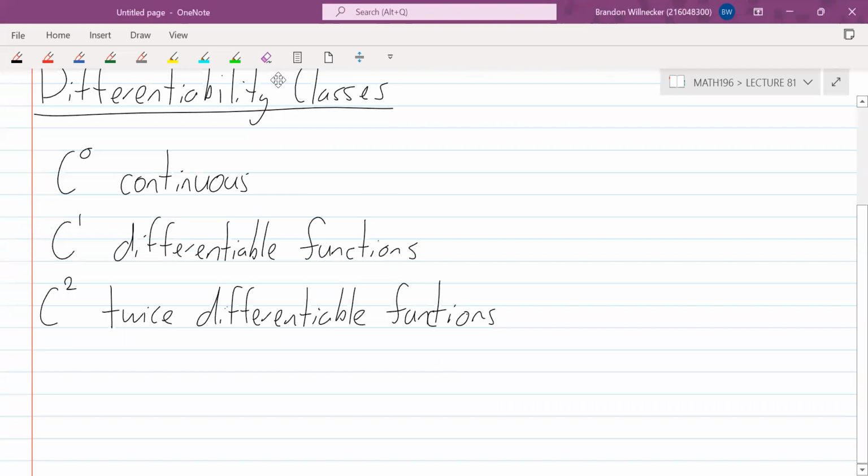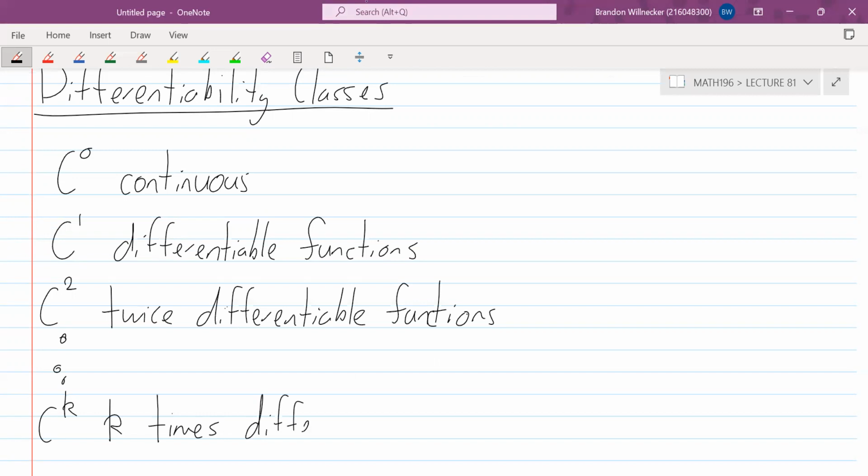We can extend this to the set Ck, functions that are k times differentiable. Given a function from this set, you can differentiate k times and the final result will be continuous.